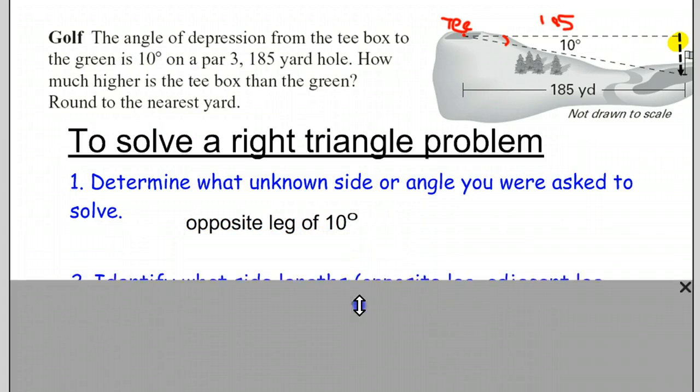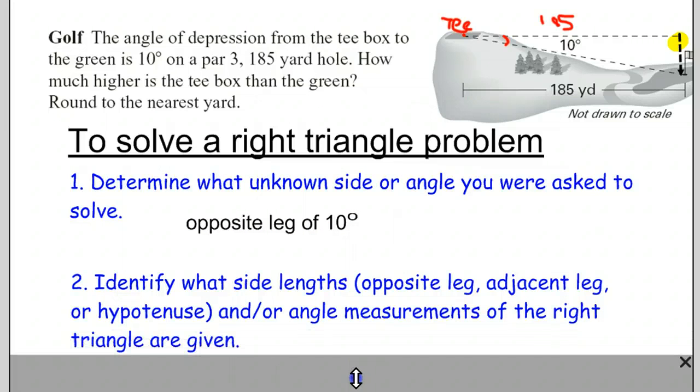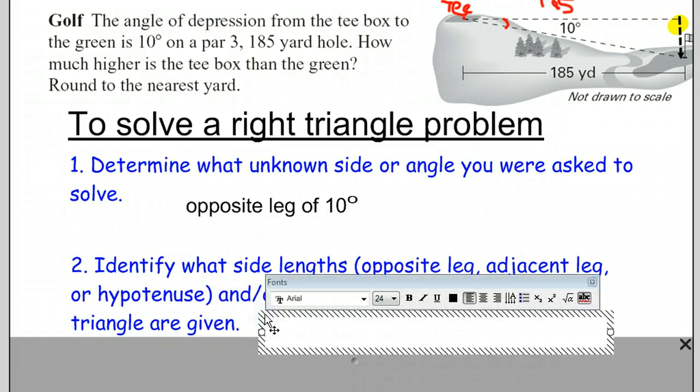The second step is to identify what side lengths (opposite leg, adjacent leg, or hypotenuse) and or angle measurements of the right triangle are given. We are already given that we're dealing with a 10-degree angle. Are we given the hypotenuse or the adjacent leg?